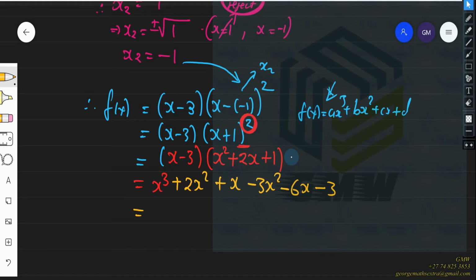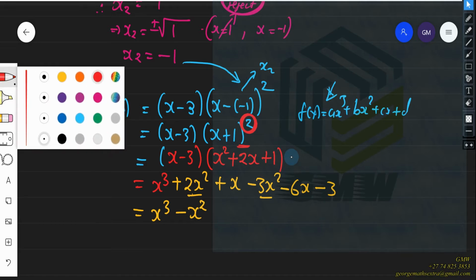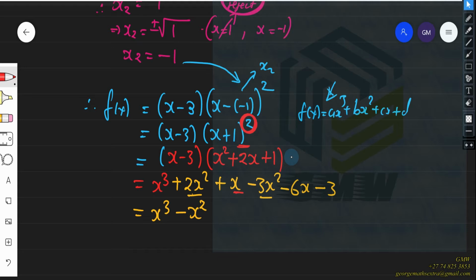Now simplifying this and grouping like terms, I have x cubed, 2x squared minus 3x squared, I have negative x squared. Then I have x minus 6x, that is minus 5x. Then this minus 3 comes as it is.